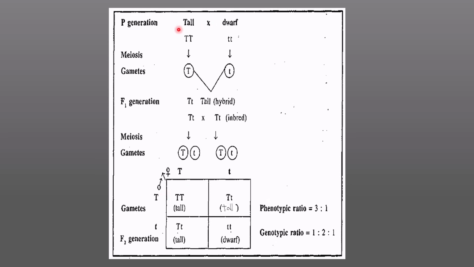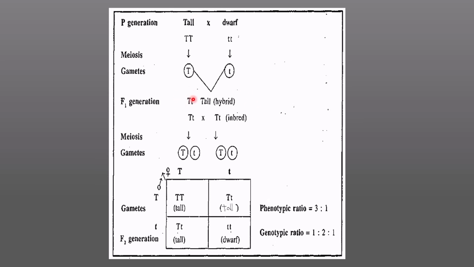Now, in Mendel's monohybrid cross, a cross between a true breeding tall plant and a true breeding dwarf plant yielded all hybrids that were phenotypically tall plants. Though the parents were of two types, tall and dwarf, the hybrids of the F1 generation were only tall.